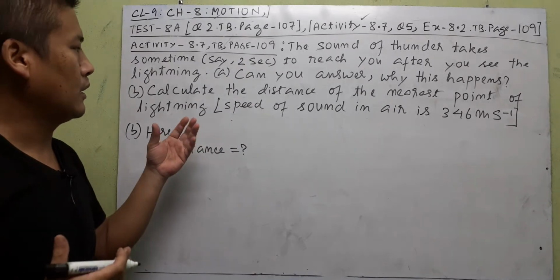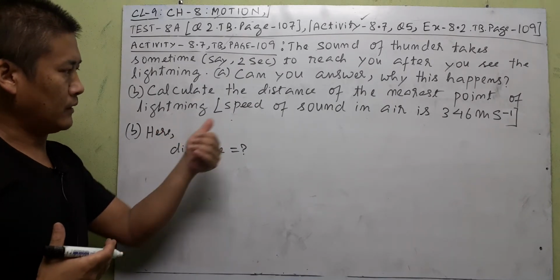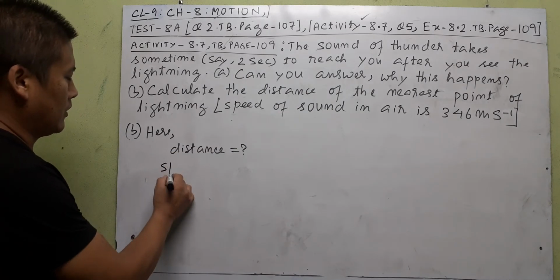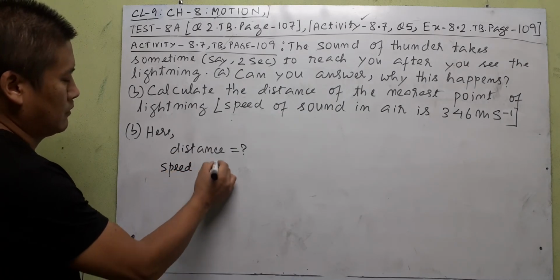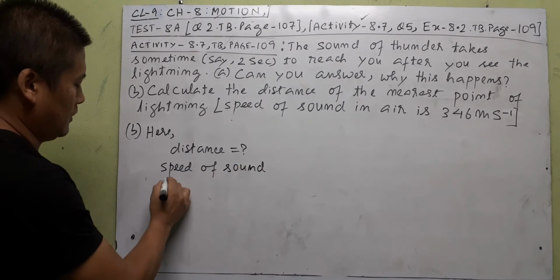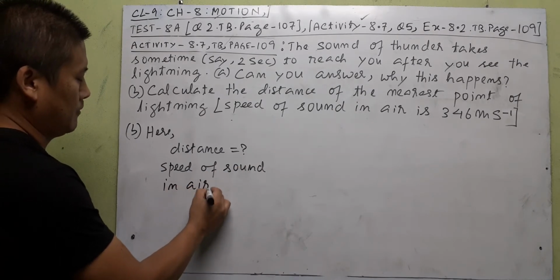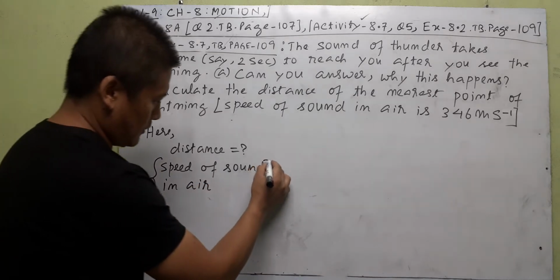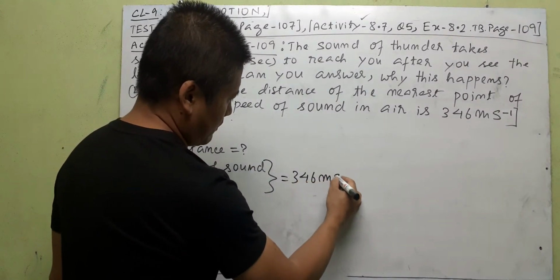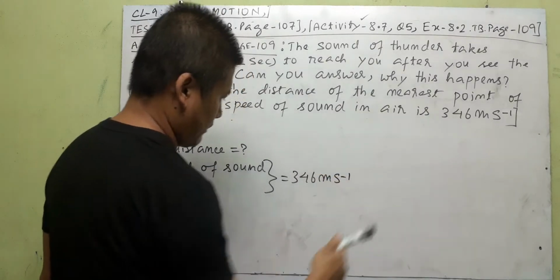How far are you from the lightning? So speed of sound in air is given. So let's write that down. Speed of sound in air. It is given to us 346 meter per second, as you can see there, right?